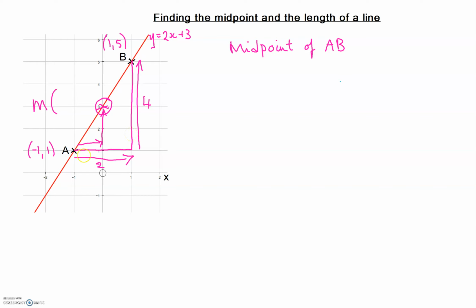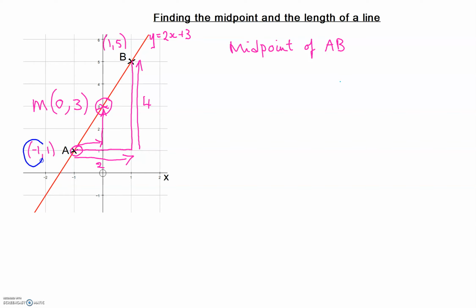In order to go across 1, which we've said from the x, you're going to go from -1 across 1, and you're going to go to the point 0 on the x-axis. You're going to go from 1 on the y-axis, you're going to go up 2, and you go up to the point 3. The coordinates of M sit exactly halfway between the coordinates of A and B.